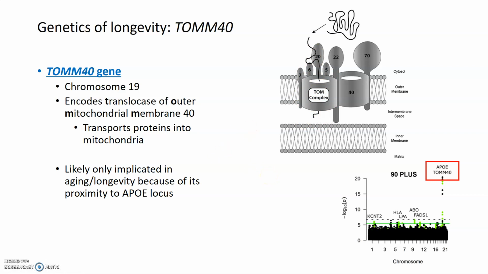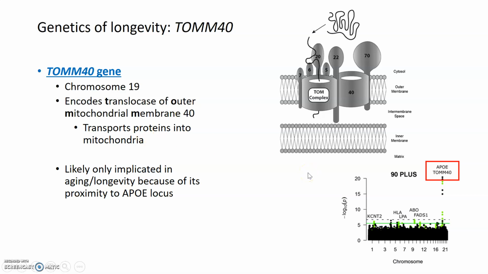And what's not clear is how TOM40 is implicated in aging and longevity. Some people have hypothesized that it's really only implicated because of its proximity to the ApoE locus. While a lot of people have looked into TOM40 after discovering this locus of possible age-related genes from the GWAS study, no one's really been able to find anything about TOM40.